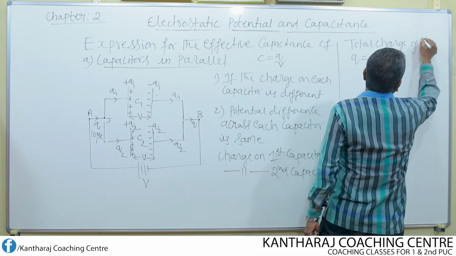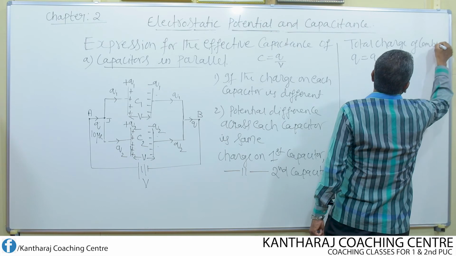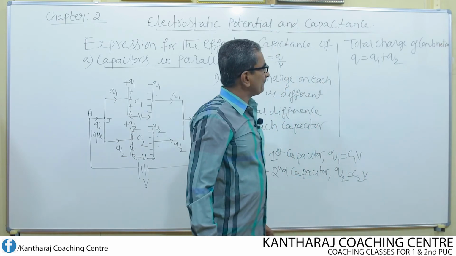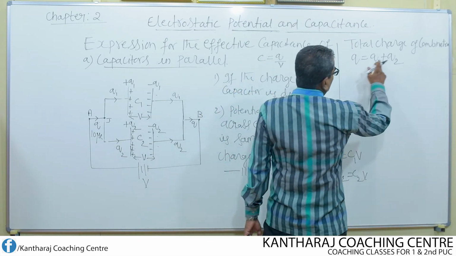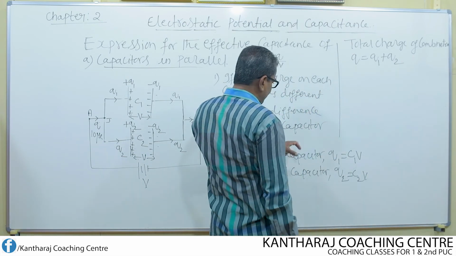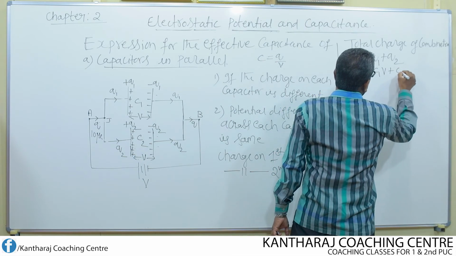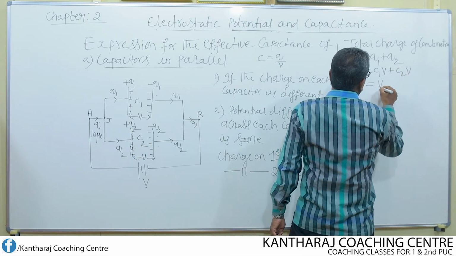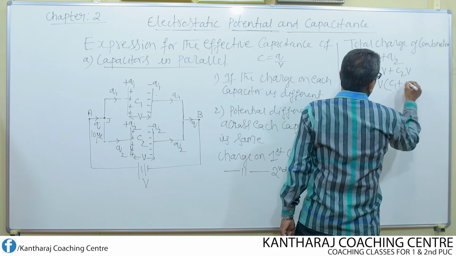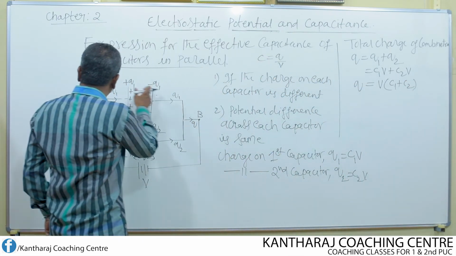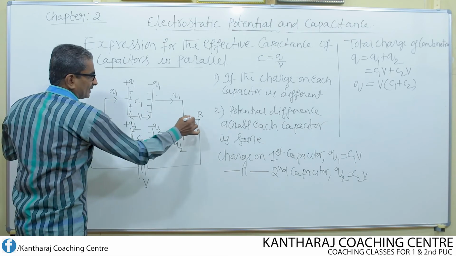Total charge of the combination. Substitute for Q1. What is Q1? C1 into V plus C2 into V. Remove V as a common factor. Now, this is the total charge of the entire combination across A and B.